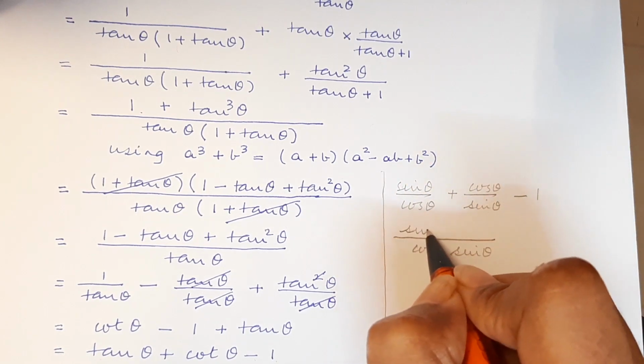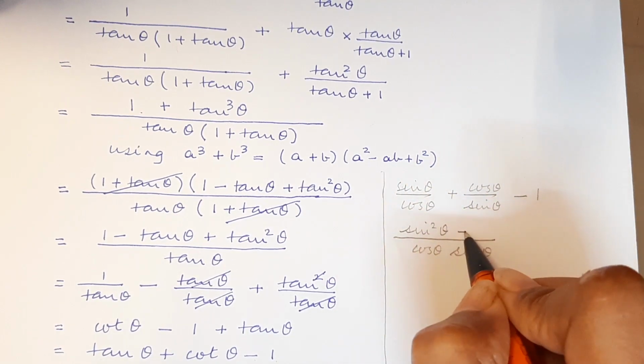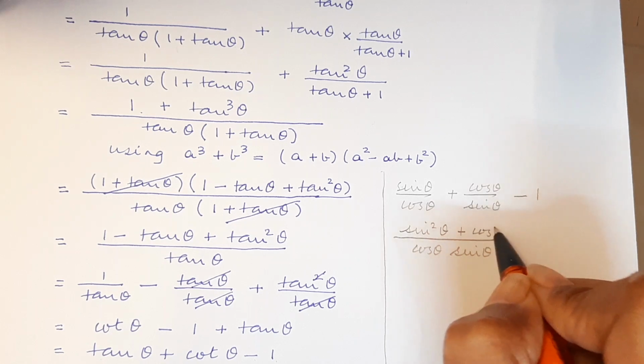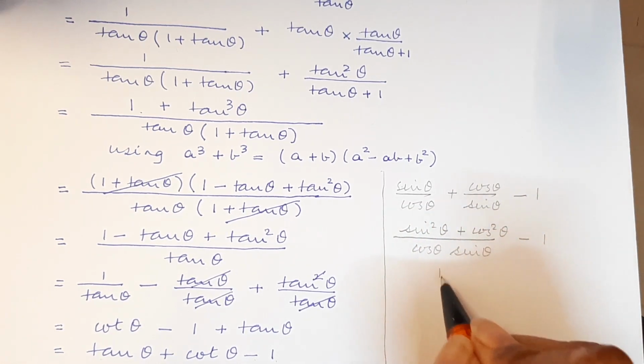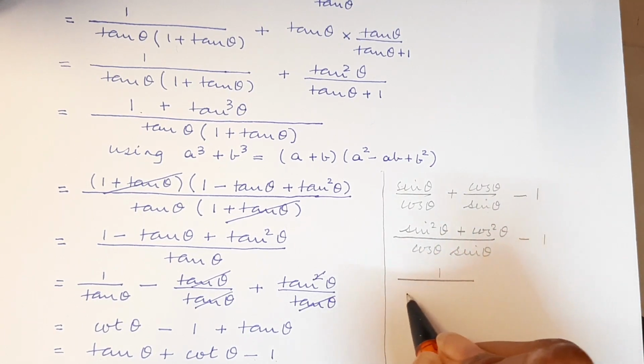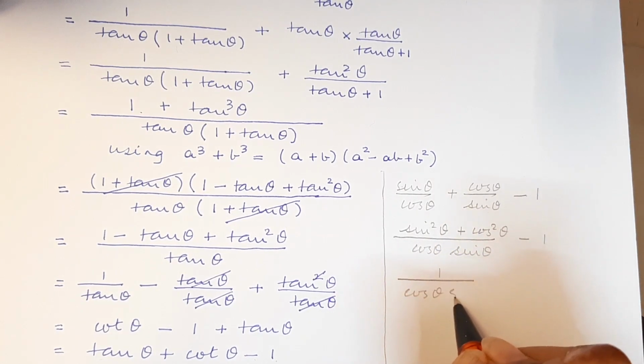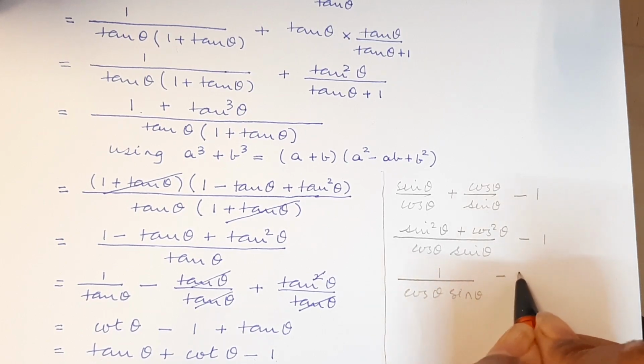So the examiner is playing with this, and you see sin square theta plus cos square theta is equal to 1. So 1 upon cos theta sin theta and minus 1.